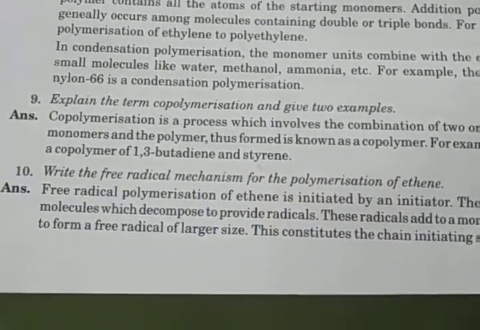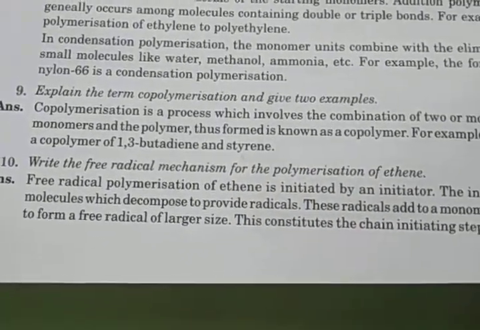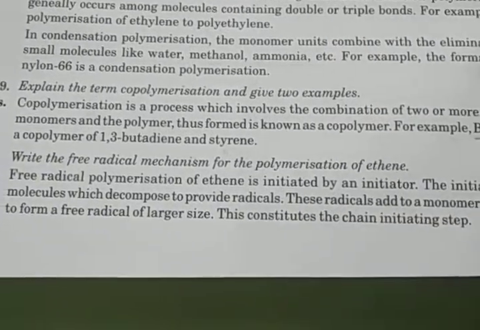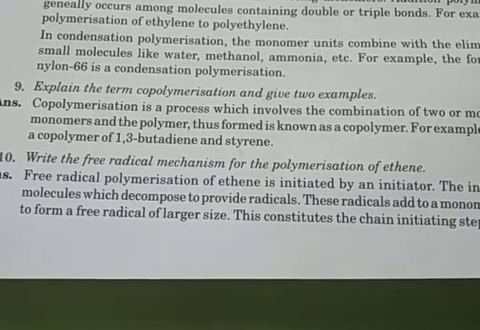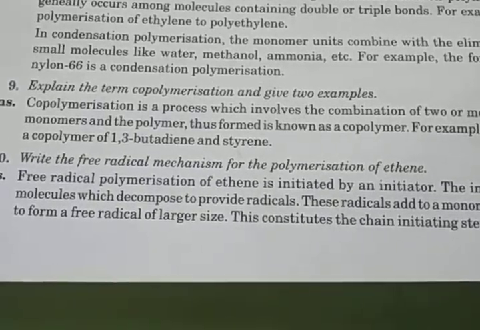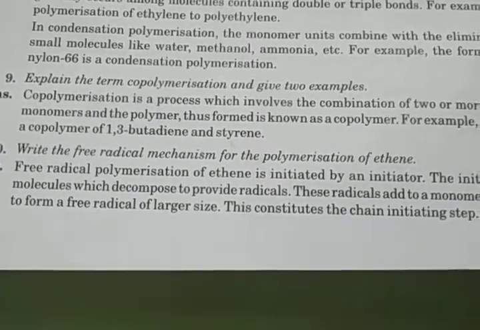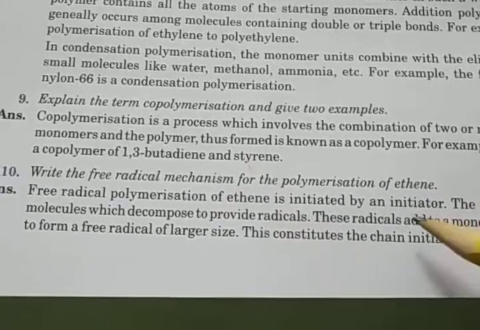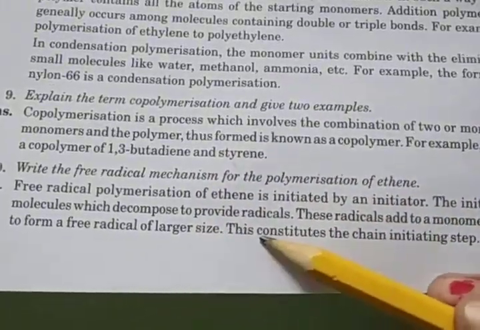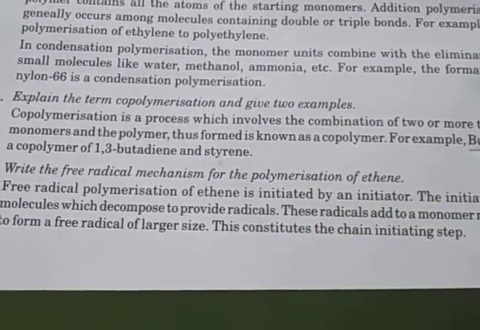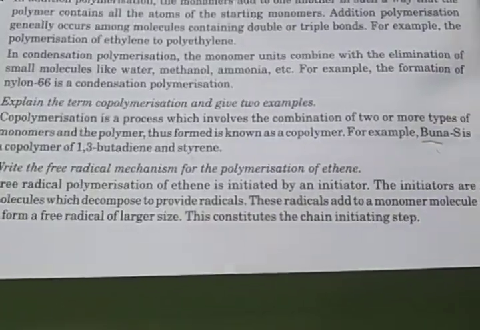Question number 10. Write the free radical mechanism for the polymerization of ethene. Free radical polymerization of ethene is initiated by an initiator.